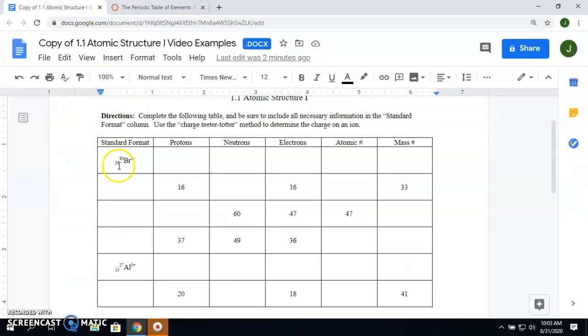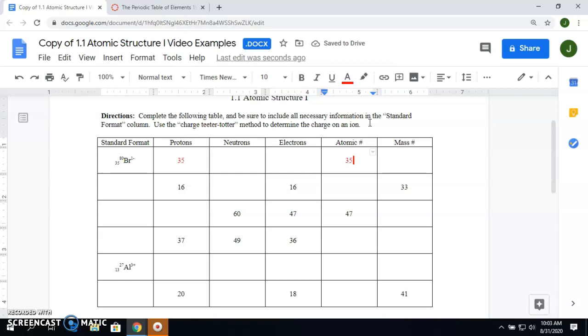That information is actually given right here in the lower left-hand corner, because remember, the lower left-hand corner in standard format is atomic number, which is the number of protons. So I'm going to go ahead and put in 35 right there. I'm also going to put in 35 as the atomic number.